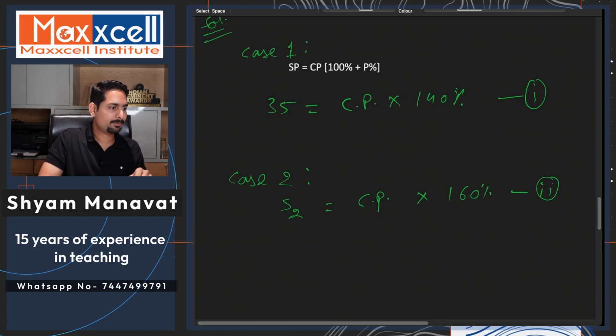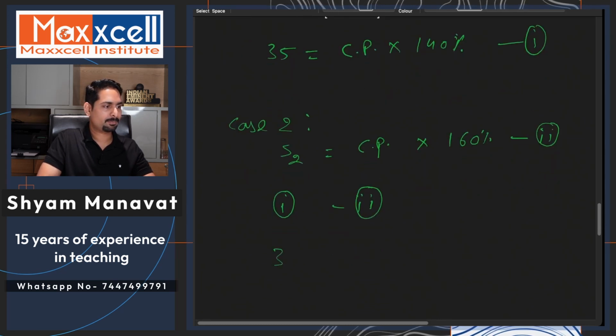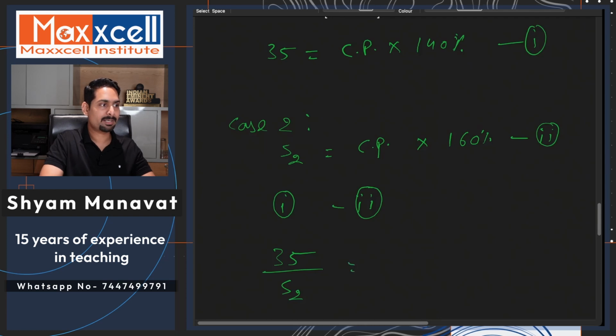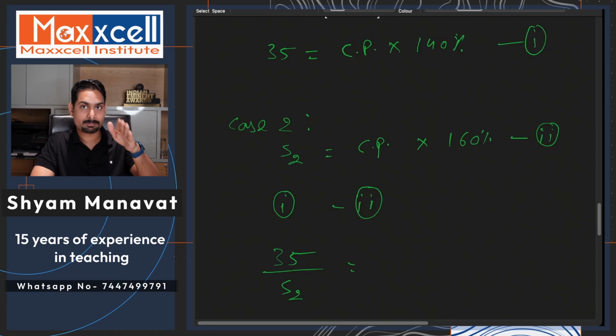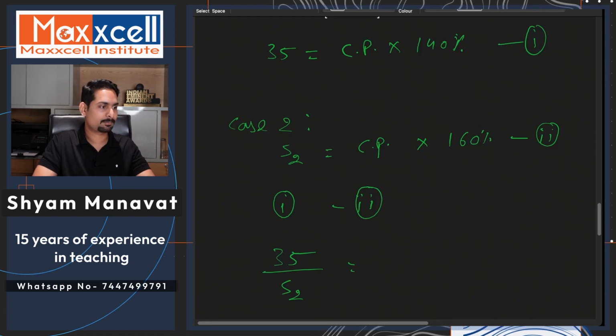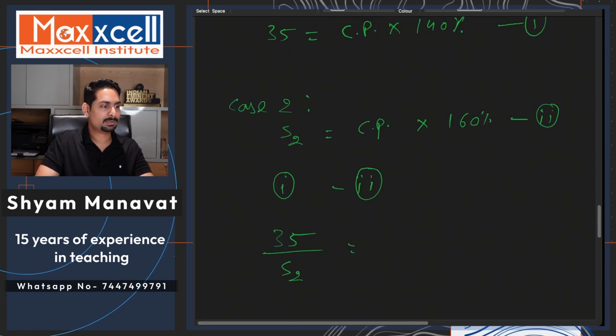So if I divide equation number 1 by 2, then what do you get? 35 by selling price 2. Why am I dividing this? Because cost price is in multiplication. If I divide, cost price will get cancelled. Okay, multiply ka ulta division. Multiply's opposite is division.